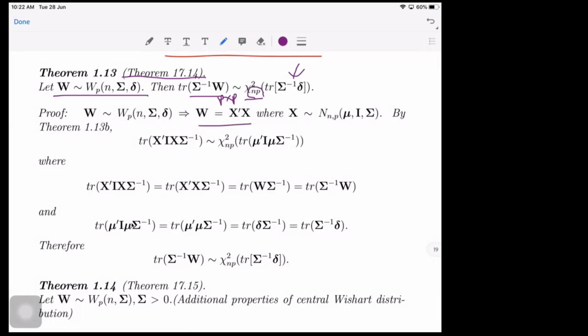Wishart meaning W is obtained from an X, matrix X n by P, utilizing the previous theorem 17.13b. If you have an X n by R, so n times R, good, no?